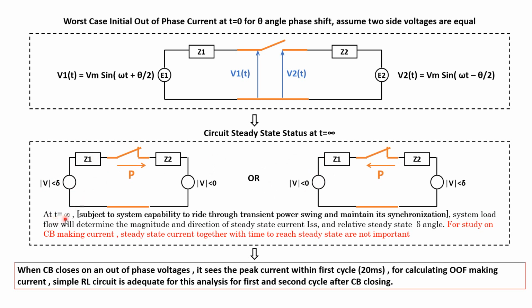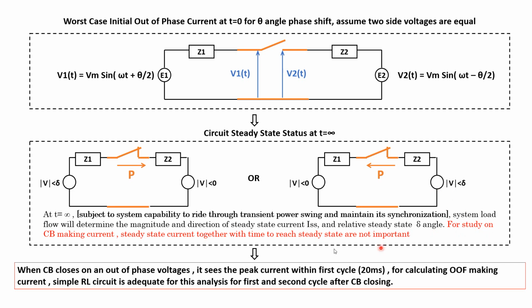So at t to infinity, subject to system stability to ride through the transient power swing and maintain synchronization, system load flow will determine the magnitude and direction of the steady state current and the relative steady state delta angle.